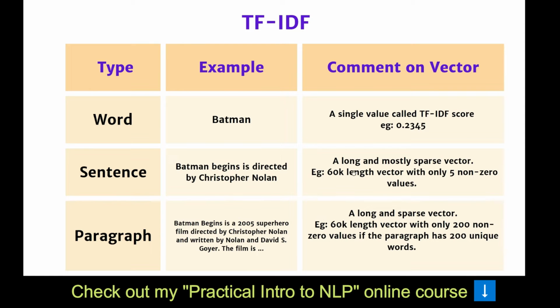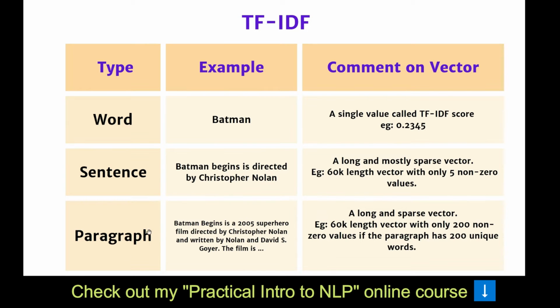So you can assume there are probably 60k features or columns, and if you take Batman Begins directed Christopher Nolan, ignoring the stop words, you have just 5 non-zero values in this long 60k-length vector. So a sentence is represented by a very long vector which is mostly sparse, that is, it contains mostly zeros and only a few values are non-zero.